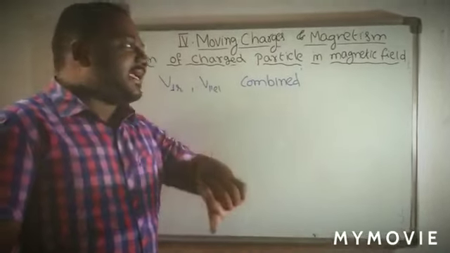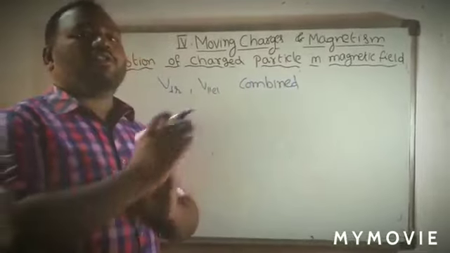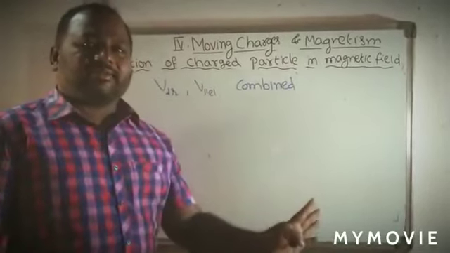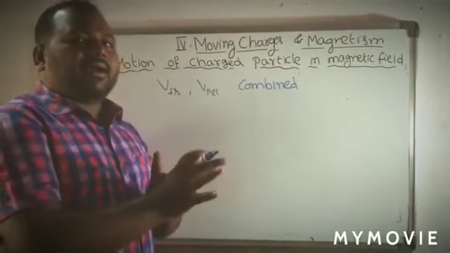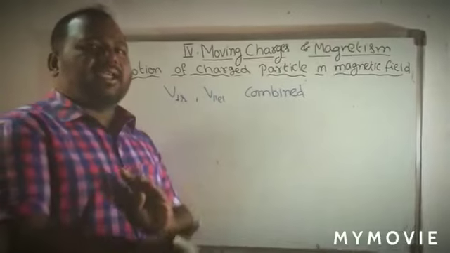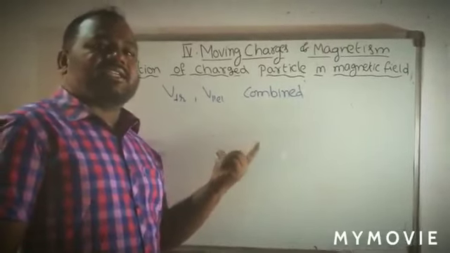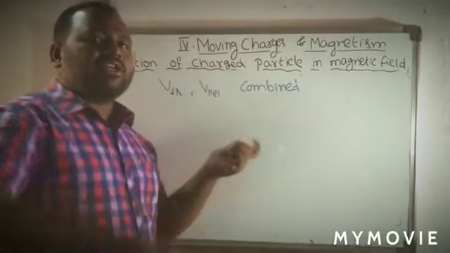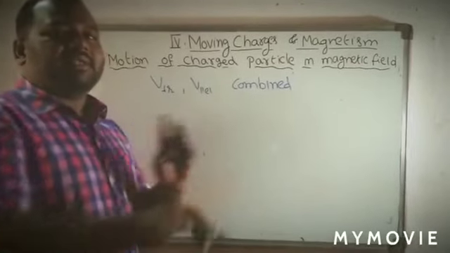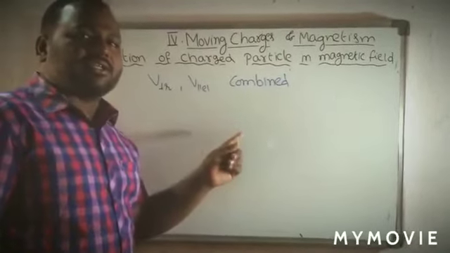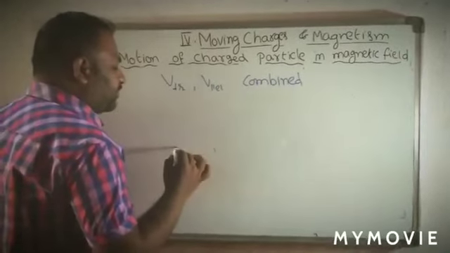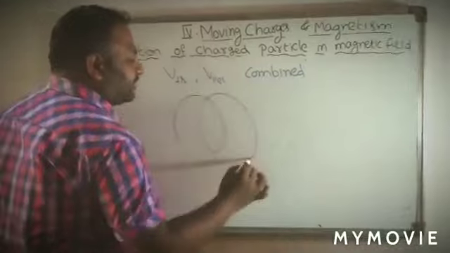So at a time the particle has both motions: one is the circular motion and another one is the linear motion. Finally, the particle moves in this manner.